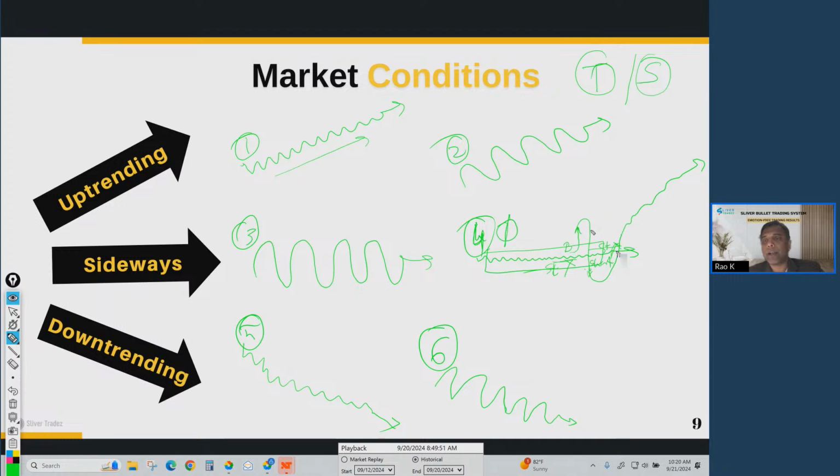These things happen so fast that he doesn't have time to react or adjust, and he feels gimmicked. So that's why we recommend that in the beginning, especially, you avoid trading in this kind of market.